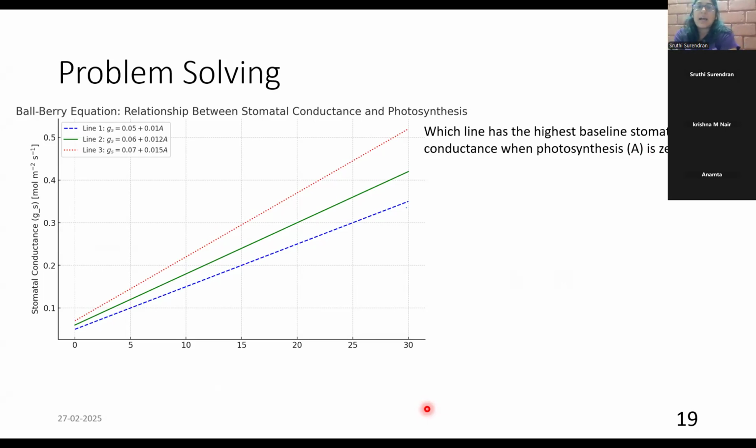So which has the highest baseline stomatal conductance? Only two answers. Please give me some more answers. Okay, nobody seems to be interested. So let's move on to the line 3. Yes, all of you are right. It is this red line which has got the highest baseline stomatal conductance.